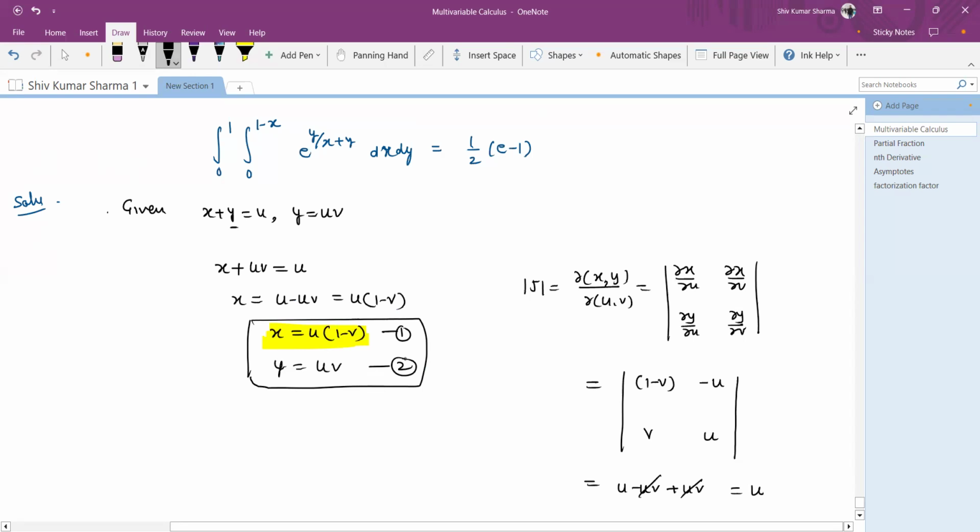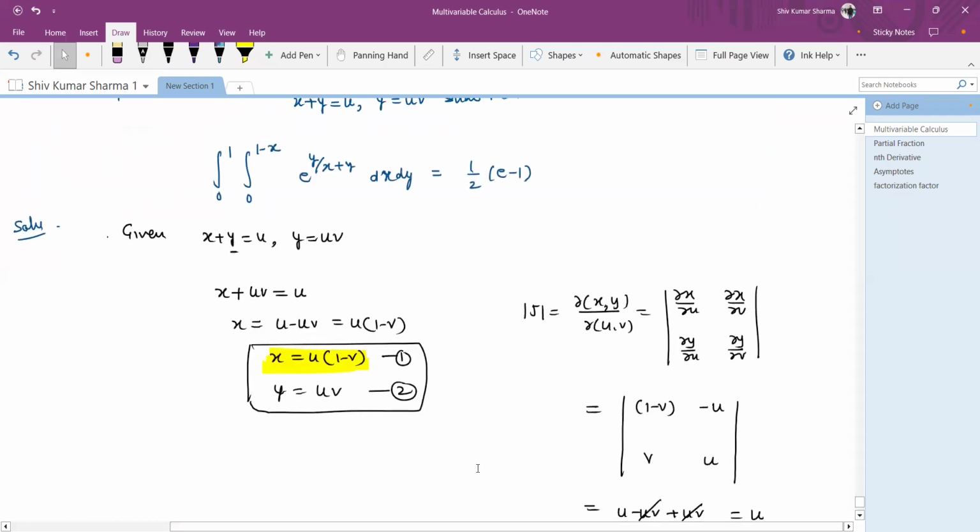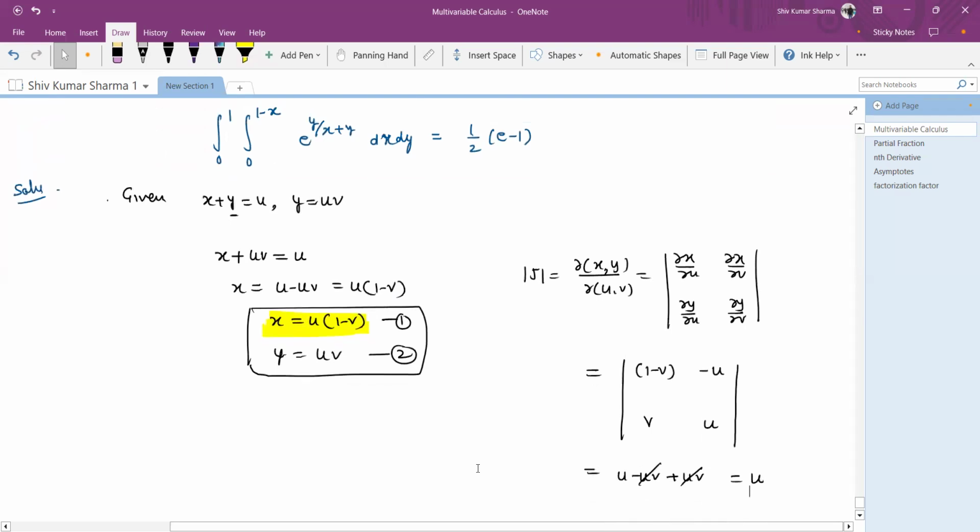Now we see the limits. The limits of the integral are given as 0 to 1, and the first limit is a variable limit. This variable limit is for y, and this limit is purely for x, because this is a constant limit.